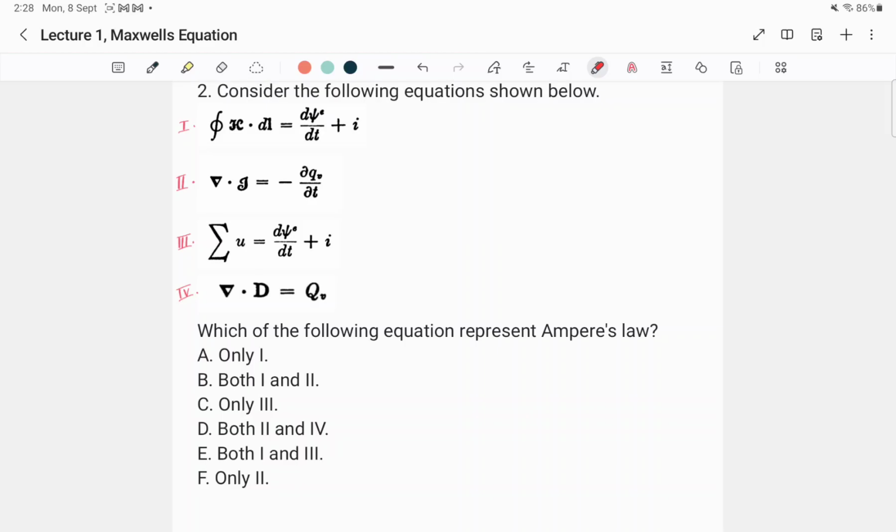Here also your approach should be to identify in which form these Maxwell's equations are written. Then you finally comprehend which equation represents Ampere's law. And please write down your answer in the comment section. So these are all the options, A, B, C, D, E and F.